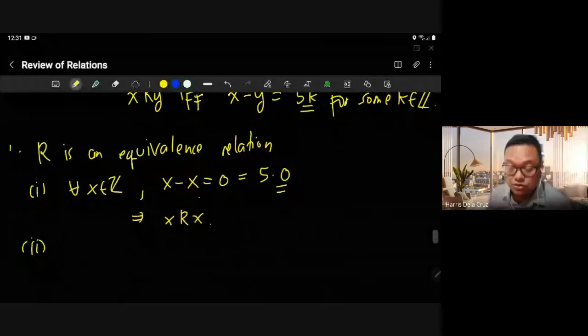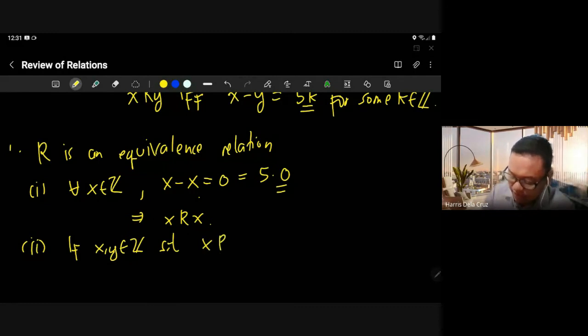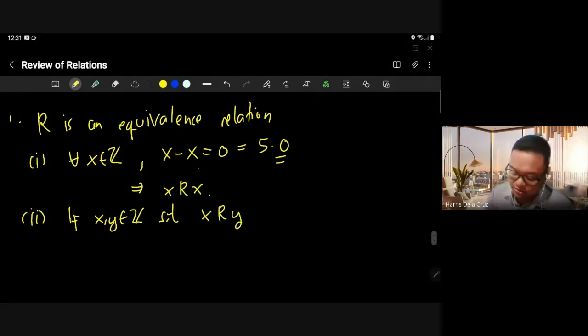Next, how to show symmetry. Whenever you want to show symmetry, you assume that you have a relation. So if x and y belong to Z such that x is related to y. What does that mean? By definition, x minus y is equal to 5k for some k.